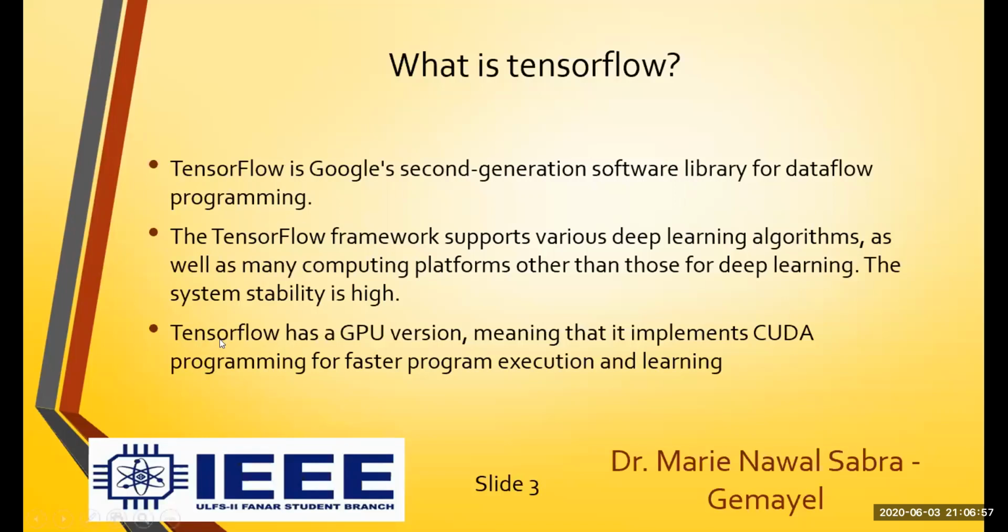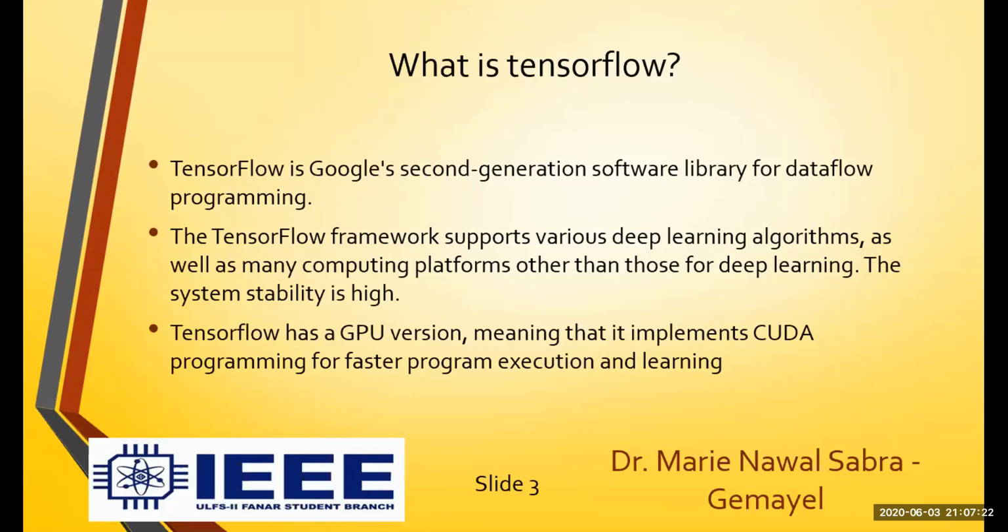And we have an additional use. TensorFlow has a GPU version. It means that if I have a computer with a GPU, that's a graphical processing unit, the GPU makes the programming and the learning of machine learning algorithms much faster, but it needs an internal program to do that.